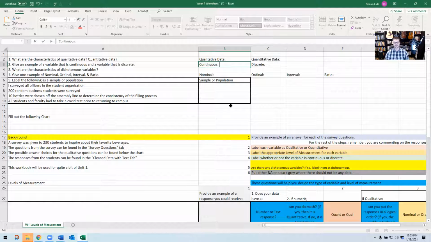That's discrete, that's a count. But something that's not a count, for instance, is the width of my desk. It looks about 6 feet. Even though I say 6 feet, it's continuous because it could be 6.1 feet, 6.2 feet, 6.3 feet.